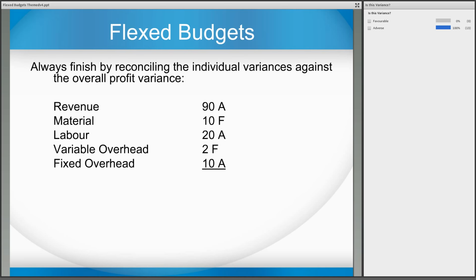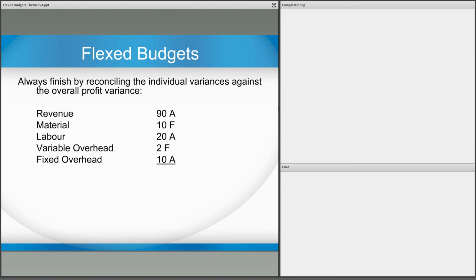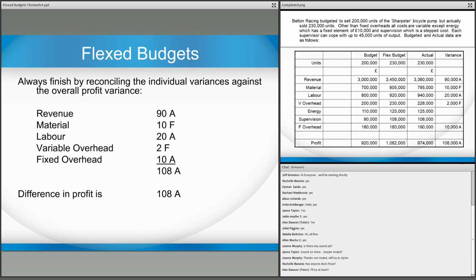If we net that lot off, 90 less 10 plus 20 less 2 plus 10 gives us 108. There we go. And sure enough, the difference in profit, 108. As we say up here, job's a good one.